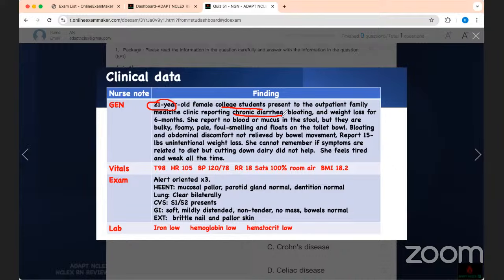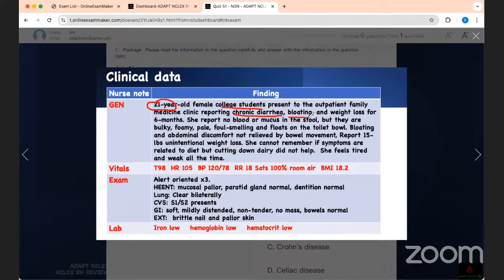Your board will not give you the first symptom and ask you about heart failure. Trust me, a patient does not come into the emergency room and say, I have chronic diarrhea, and then you think about heart failure. No. As soon as you hear the first word, chronic diarrhea, it should take you to say, oh, what are the possible causes of diarrhea, right?